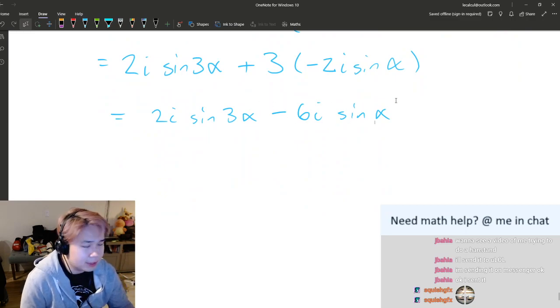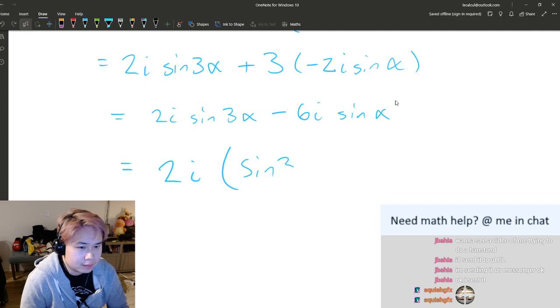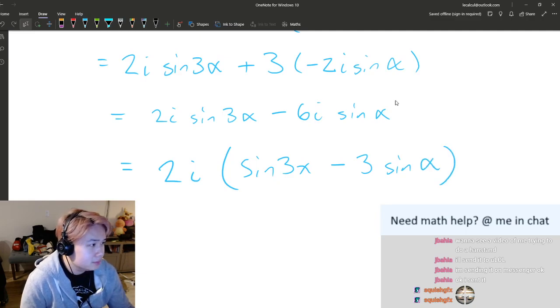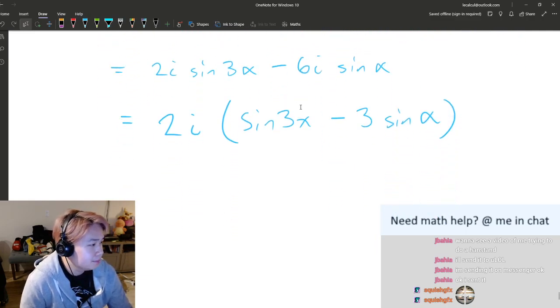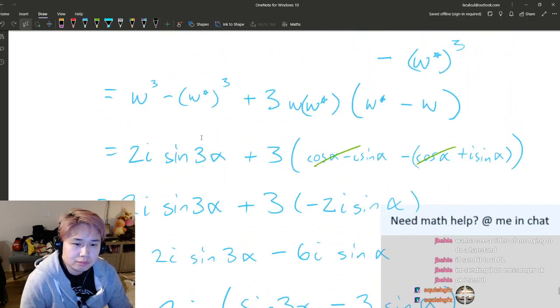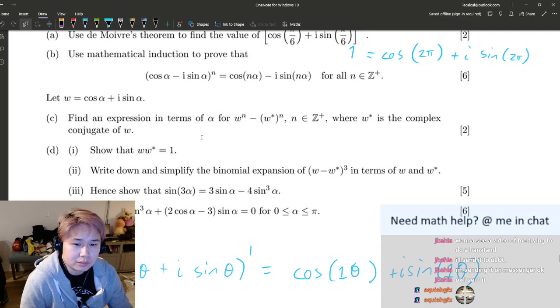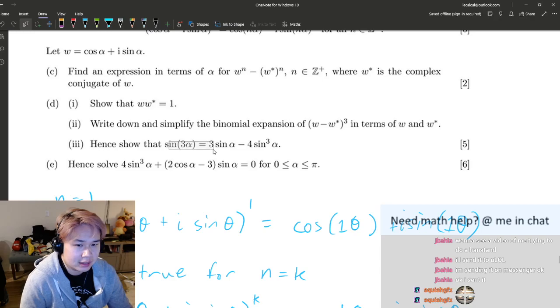And I don't know how far they want you to go. I guess I can factor out a 2i. Let's say we leave it here. Okay, and then hence we need to show that sine 3 alpha is equal to this minus that.